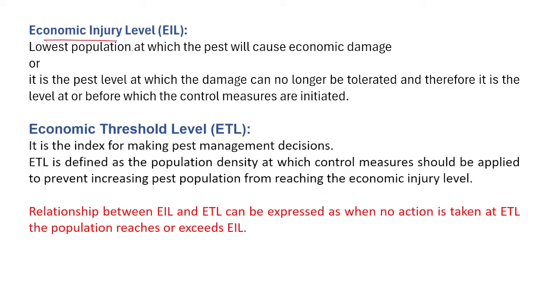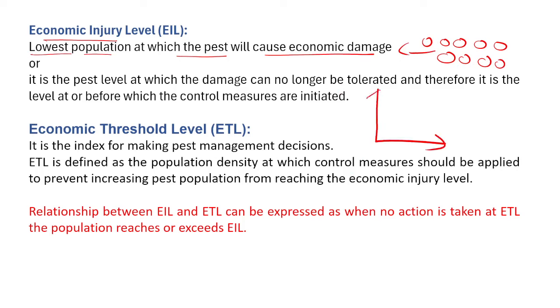Okay, economic injury level. What is economic injury level? Economic injury level is nothing but the lowest population at which the pest causes economic damage. When the population density is very low and this low population causes economic damage, then it is called the economic injury level. We can draw it here. This is the EIL. The axes are pest population density or yield, and time.